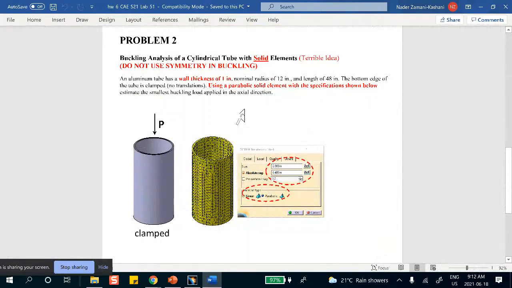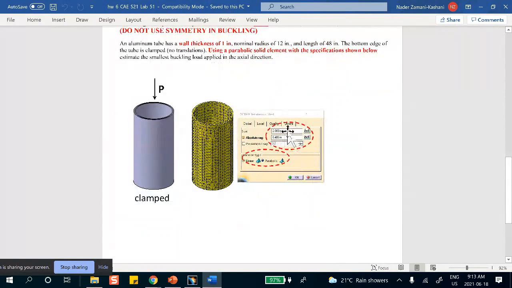You can take your own model, which was a shell surface, and thicken it by 0.5 outward, 0.5 inward, because this has a total thickness of 1. 0.5 out, 0.5 in from the surface, and you get this object, and you mesh this object, and use, again, parabolic elements with 2 as the size.